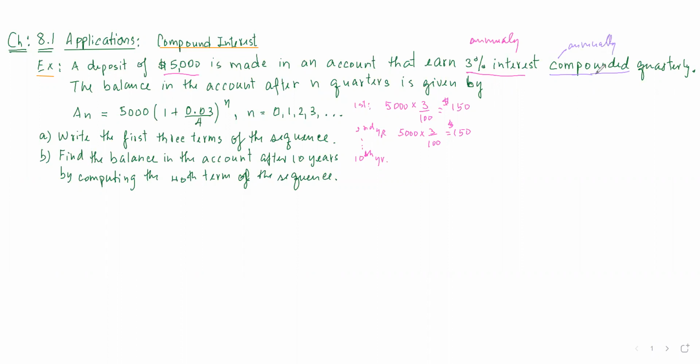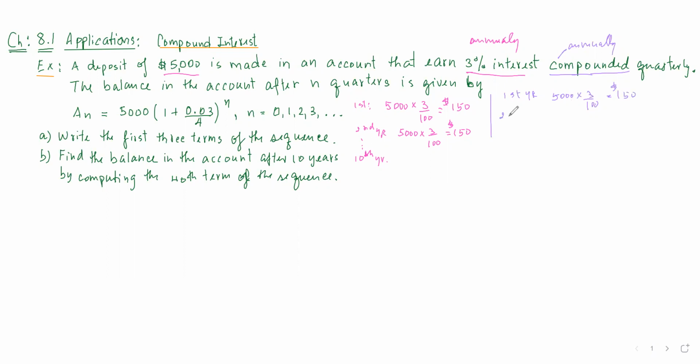Compounded annually, still 12 months gets one interest payment. So in the first year, at the end of 12 months, you will get 5,000 times 3%, same thing, right? Then you get $150.